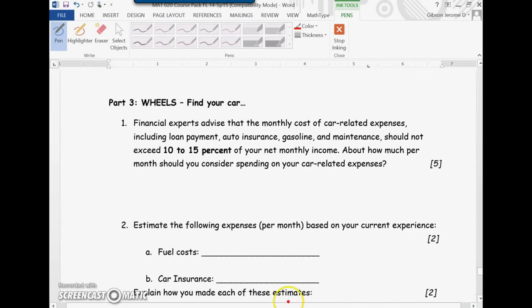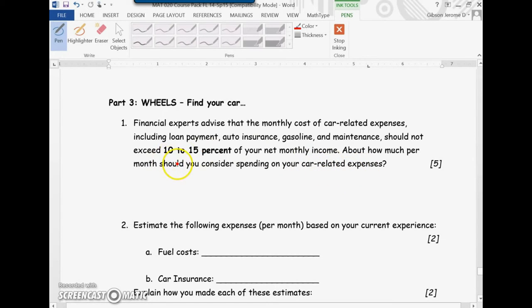Next page, wheels. Find your car. Now it says here, financial experts advise that the monthly cost of car-related expenses, including loan payment, auto insurance, gasoline, and maintenance, should not exceed 10 to 15% of your net monthly income. About how much per month should you consider spending on your car-related expenses?